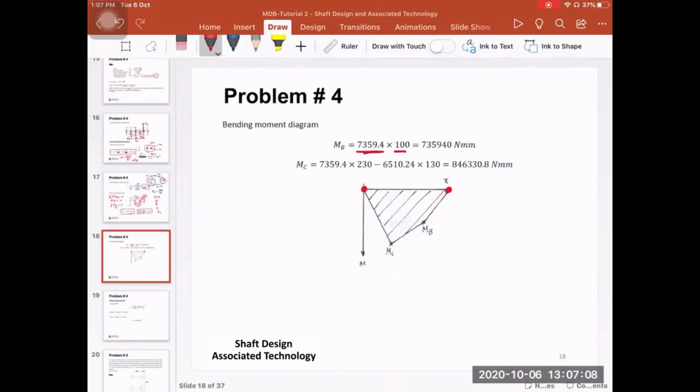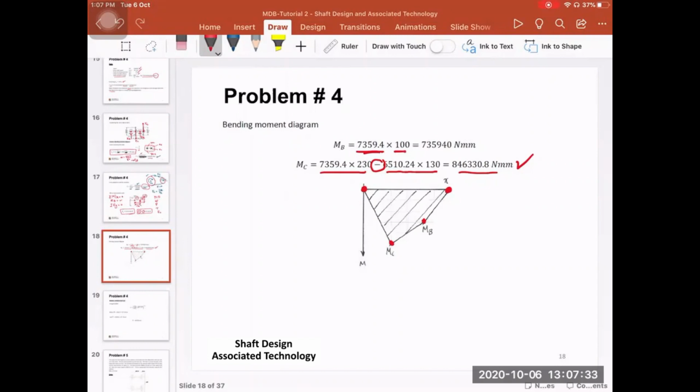So it is the first force multiplied by 230 plus the reaction multiplied by 130, but the reaction itself is negative. When you consider this, you will find the bending moment at points B and C. And it is obvious here that the maximum bending moment is higher at point C. So the maximum bending moment is at point C.